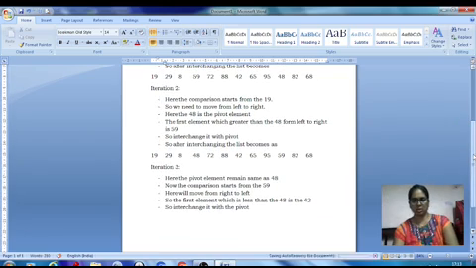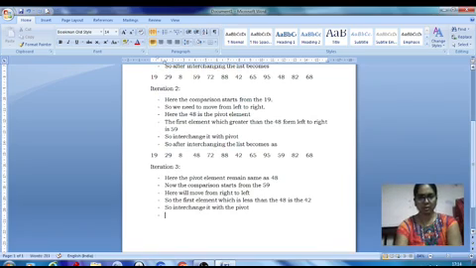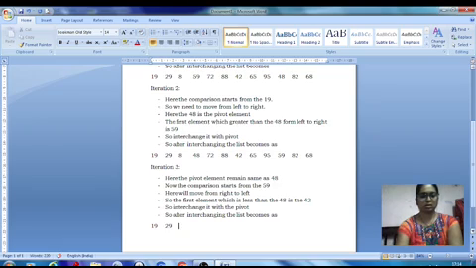After interchanging it with the pivot, the list becomes 19, then 29, then 8, then 42, then 72, then 88, then 48, then 65, then 95, then 59, then 82, and 68.